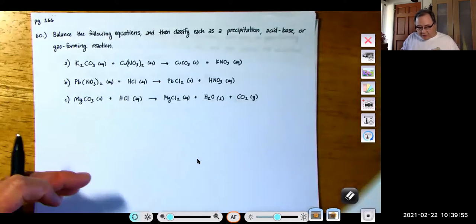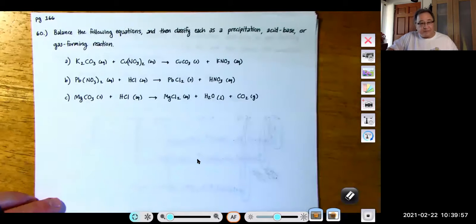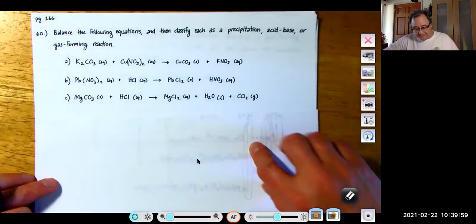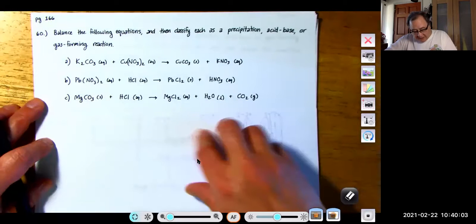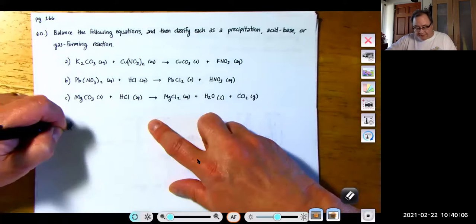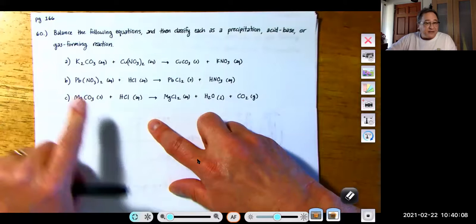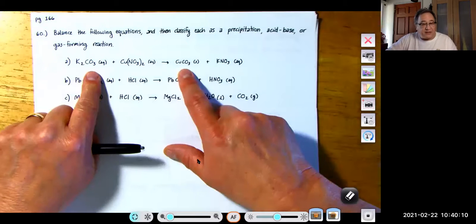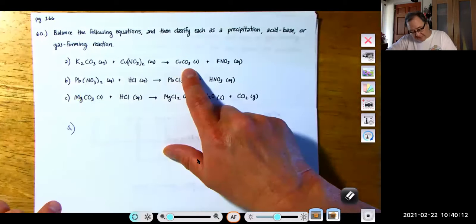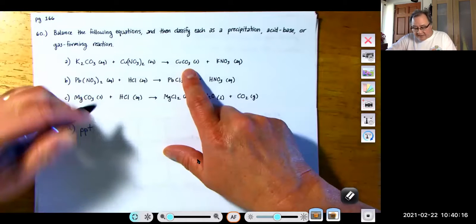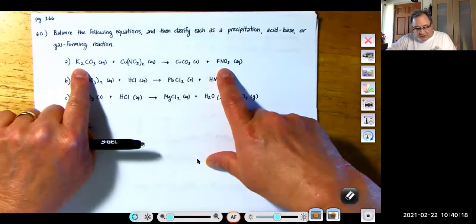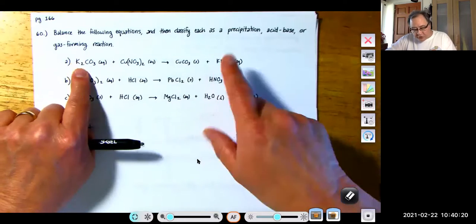Okay, balance the following. Classify them. So if I take a look at A, I'm thinking right away it's a precipitation. Do you see why? Here's 1 K, here's 2 Ks. Here's 1, so I'm going to put a 2 there.